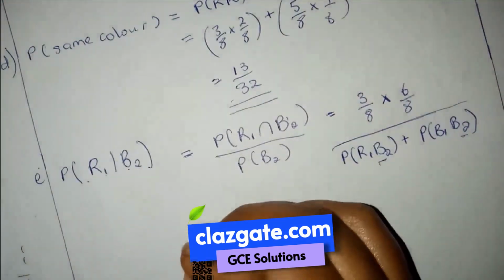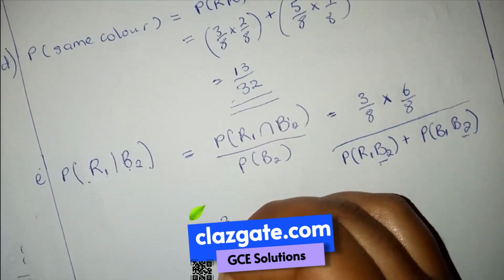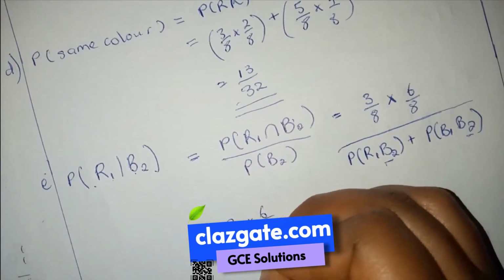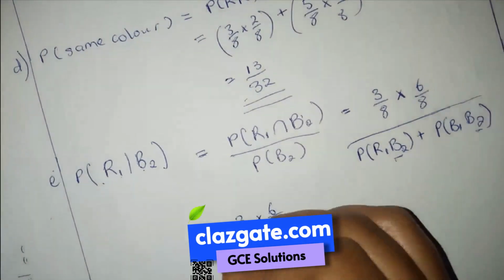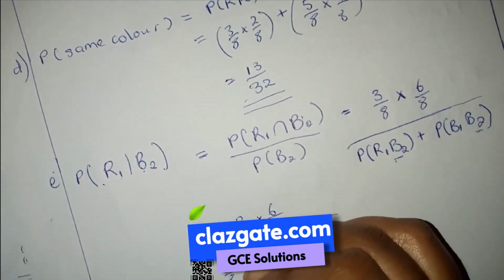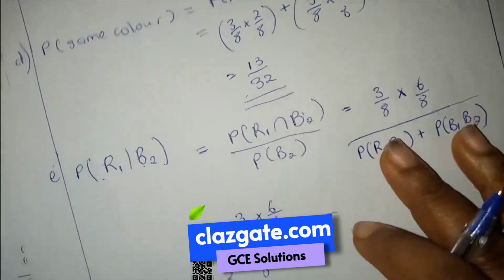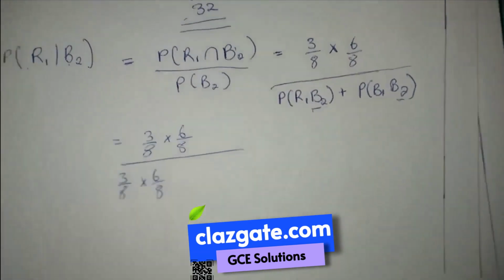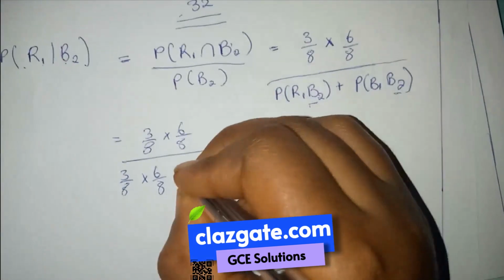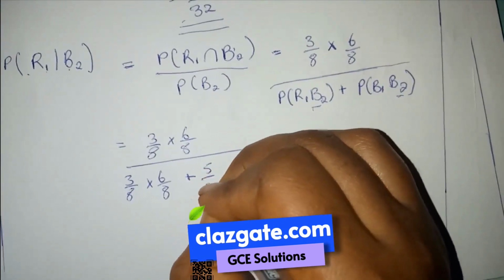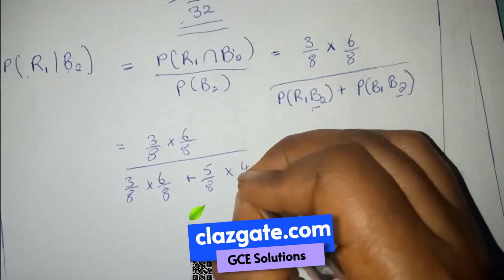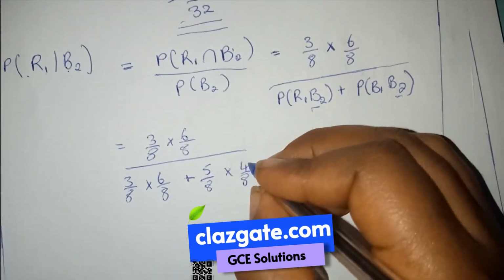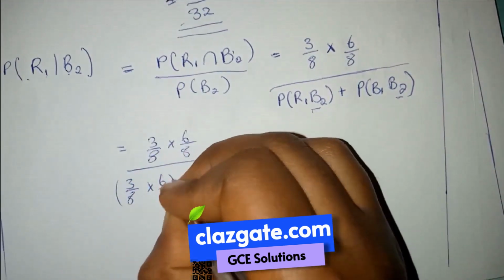So this is giving us 3 on 8 times 6 on 8, all of this divided by 3 on 8 times 6 on 8 plus 5 on 8 times 4 on 8. You simplify this, what will our answer be?